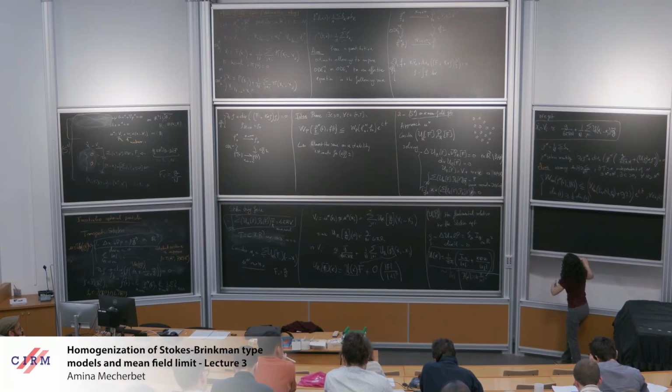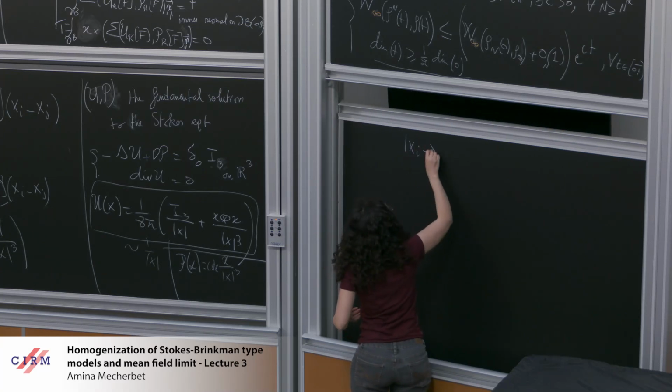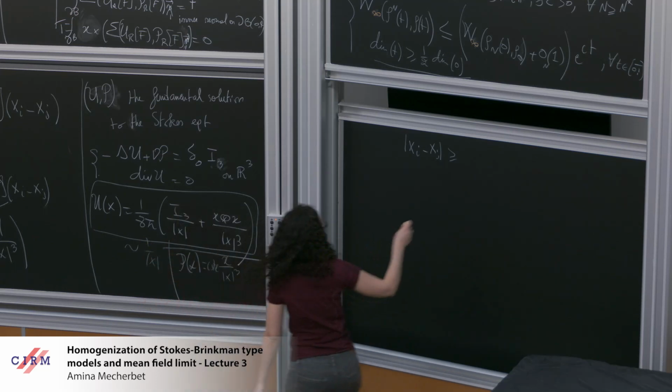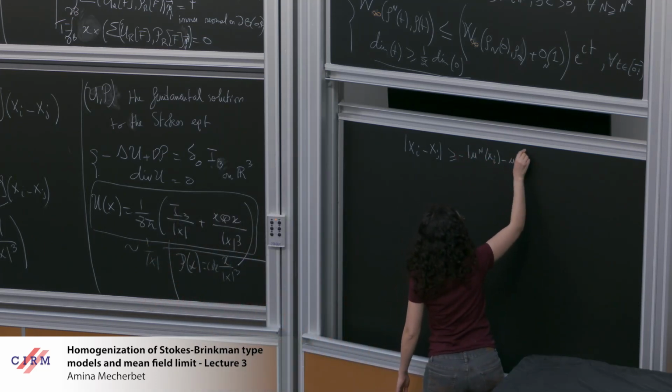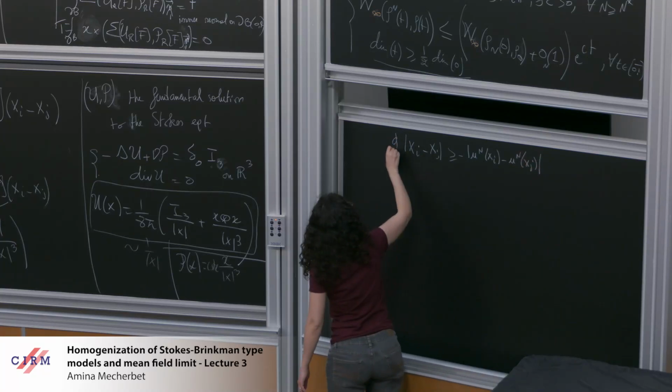Probably I will not have time to go there, so let me answer your question. When you think about controlling the distance between two particles, you will somehow need to control the distance between these. Since, sorry, d over dt.